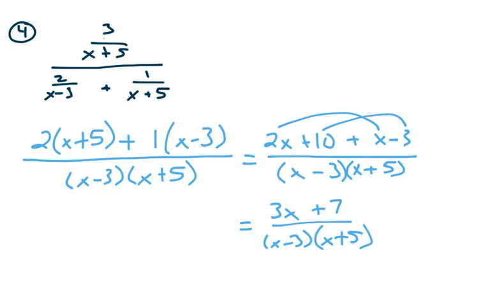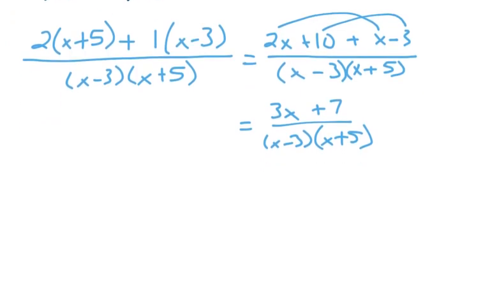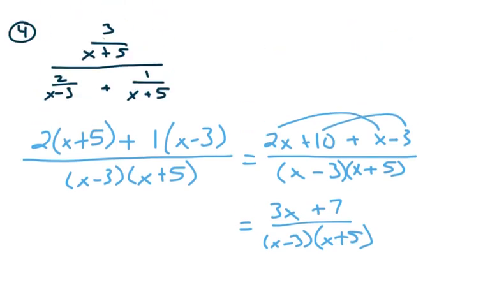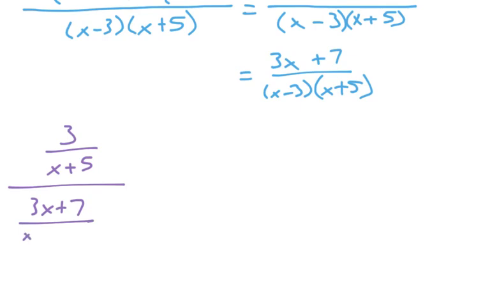Okay, so what we've got then for our new fraction is going to be, let me go back and get the numerator, 3 over x plus 5 over 3x plus 7 over x minus 3 times x plus 5.